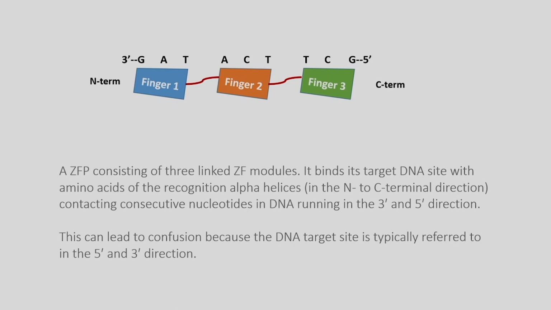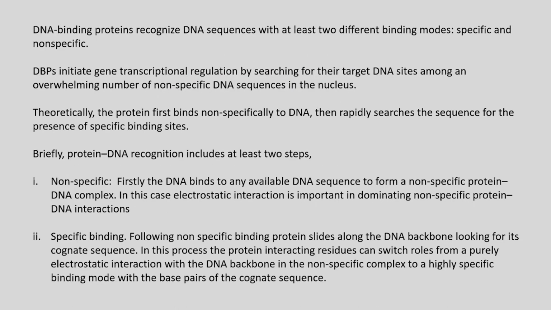Basically, a ZFP consisting of 3 linked ZF modules is shown in this cartoon, and it binds its target DNA site with amino acids of the recognition alpha helices in the N to C terminal direction, contacting consecutive nucleotides in DNA running in the 3' to 5' direction. This can sometimes lead to confusion because the DNA target site is typically referred to in the other direction, which is the 5' to 3' direction.